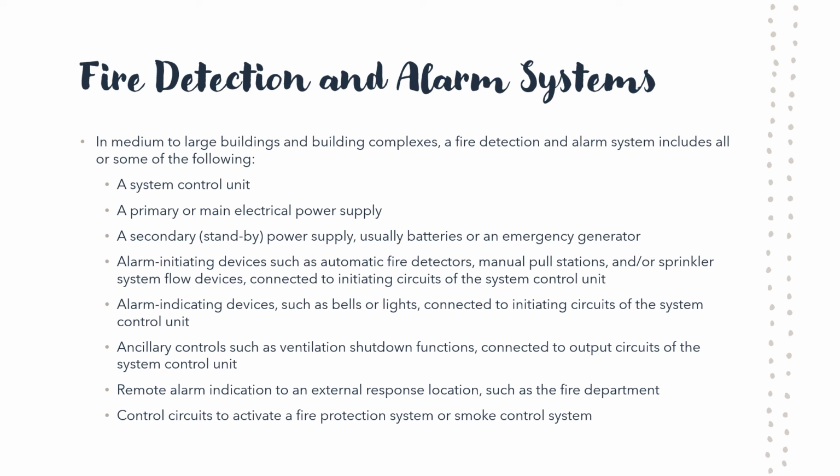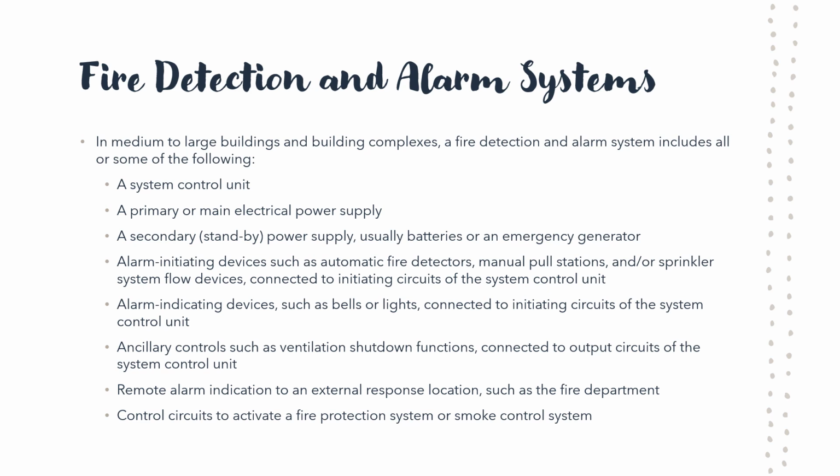4. An alarm initiating device such as an automatic fire detector, manual pull station, or sprinkler system flow devices connected to initiating circuits of the system control unit. 5. Alarm indicating devices such as bells or lights connected to initiating circuits of the system control unit. 6.